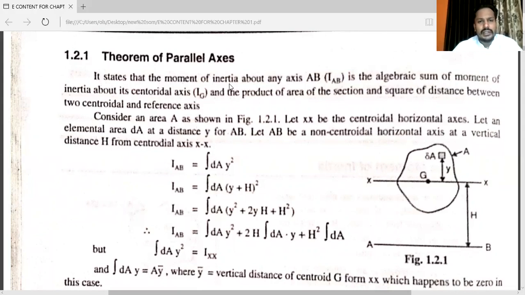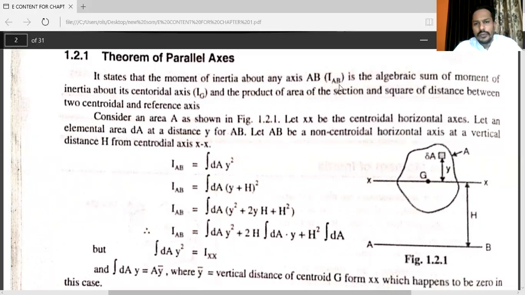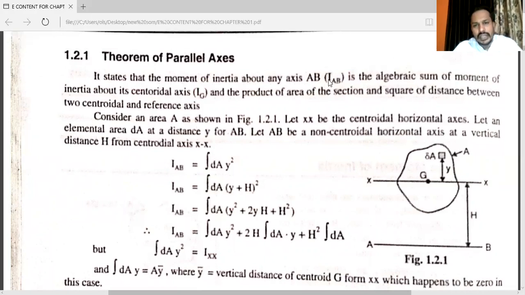It states that the moment of inertia about any axis, here we are taking the AB axis, so the moment of inertia about AB, that is IAB, is the algebraic sum of the moment of inertia about its centroidal axis, that is IG, and the product of the area of the section and the square of the distance between the centroidal and reference axes.